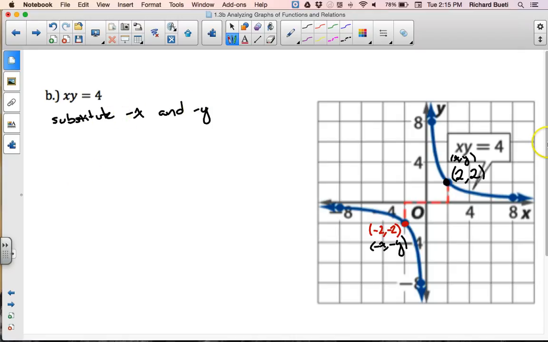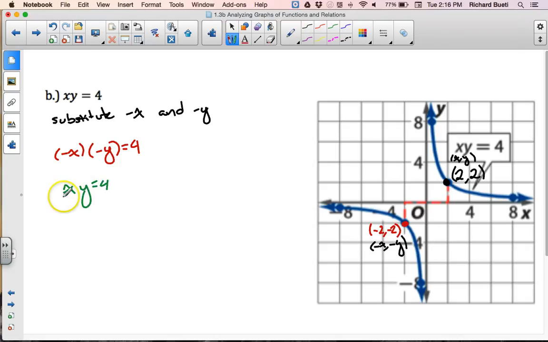So let's try that. If I take x and substitute in negative x, and I take y and substitute in negative y, and that's equal to 4, well, a negative times a negative is always going to be a positive. So I am left with the equation x times y is equal to 4.